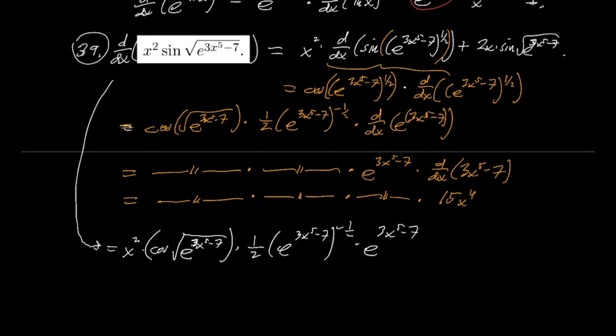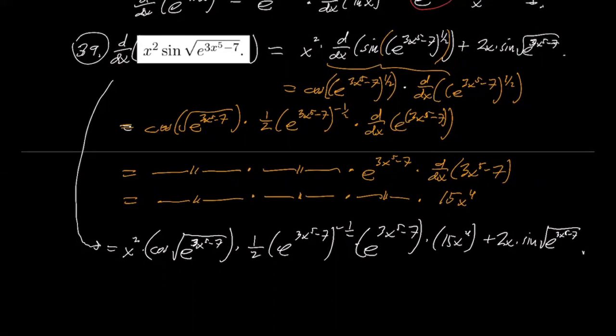If you're still watching this video, more power to you. Times 15x to the 4th, all of that, plus this stuff right here. Plus 2x times sine of the square root of e to the 3x to the 5th minus 7.